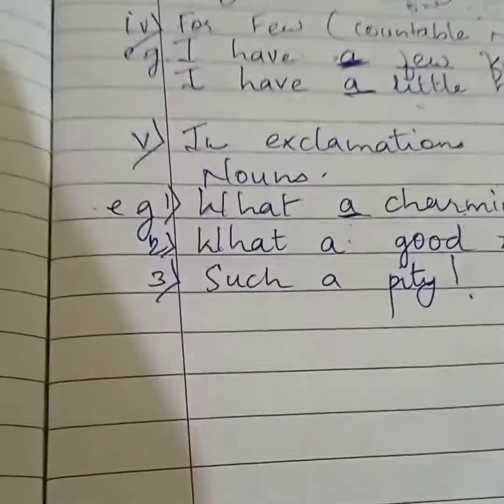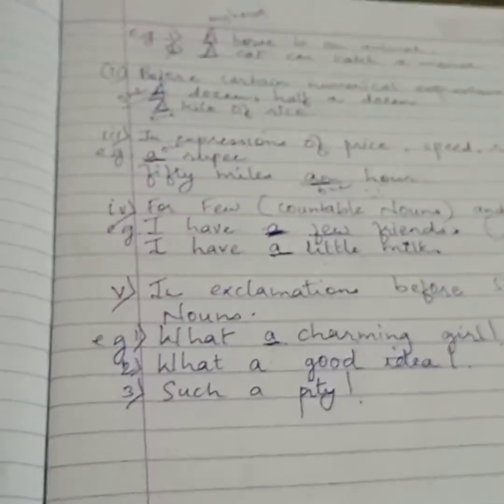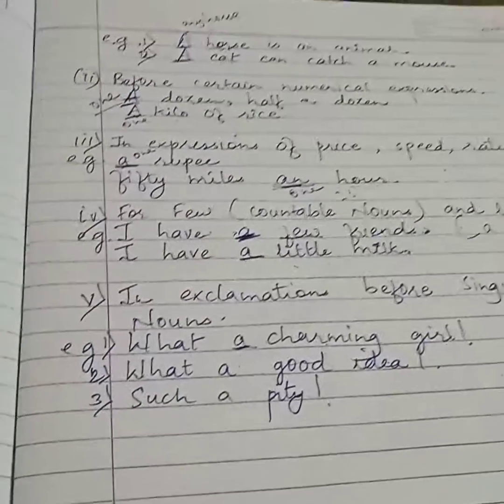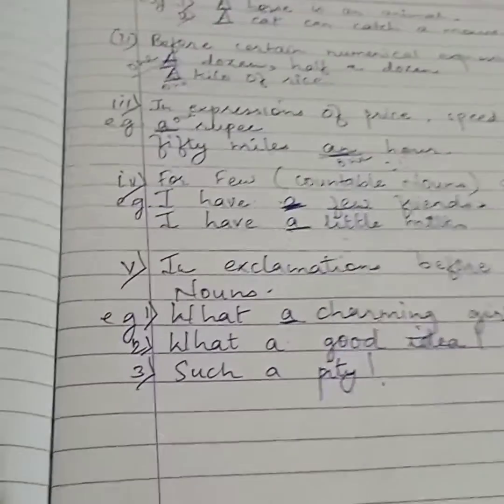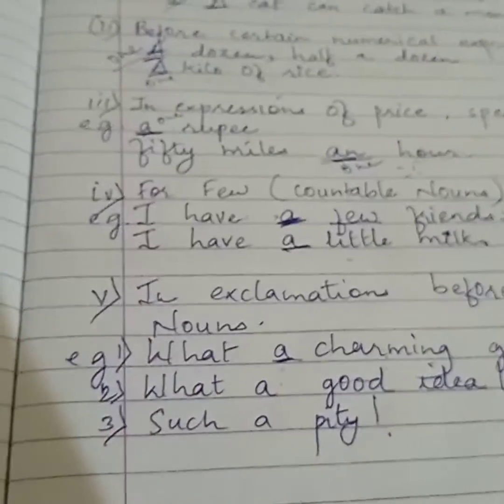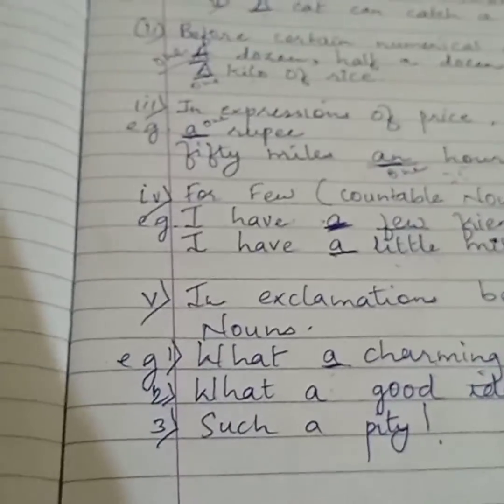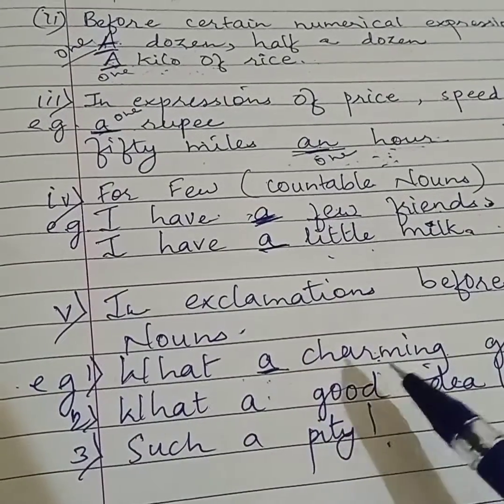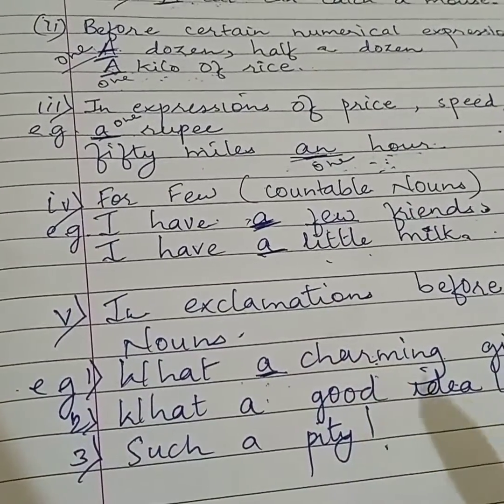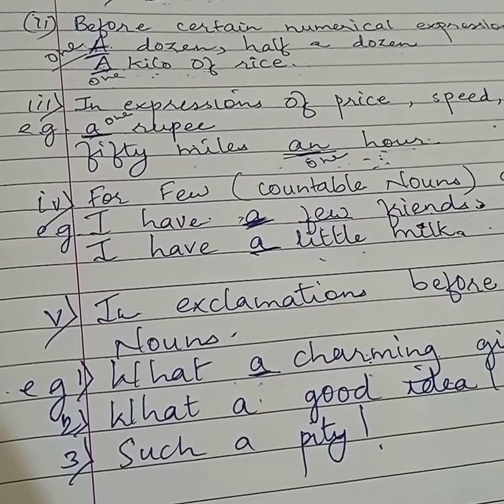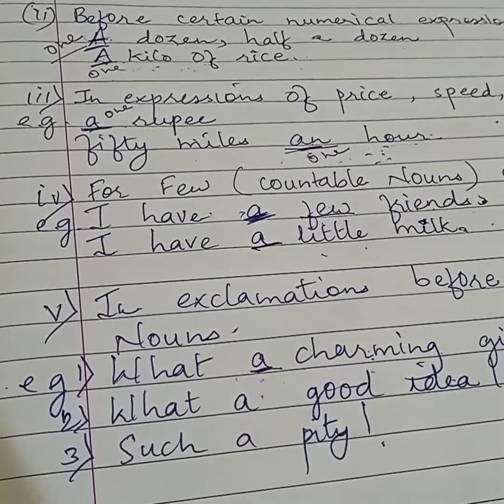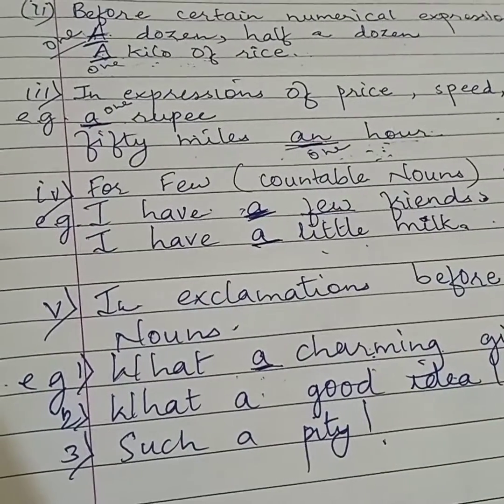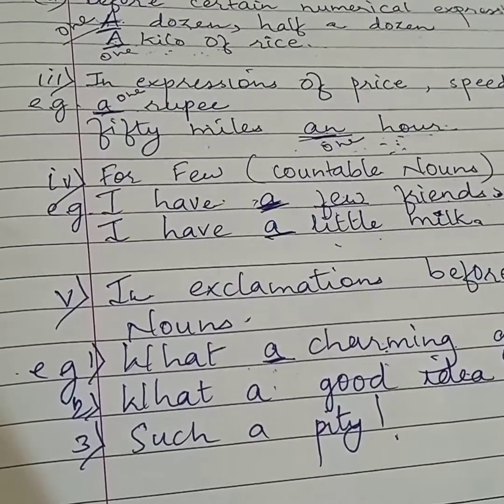Another place where an article A is to be used is in exclamations before singular countable nouns. Nouns which are countable, which are singular. See these examples. What a charming girl. A charming girl. Exclamations meaning you are expressing your emotions, feelings. Emotions can be that of surprise, shock, your happiness, your sadness.